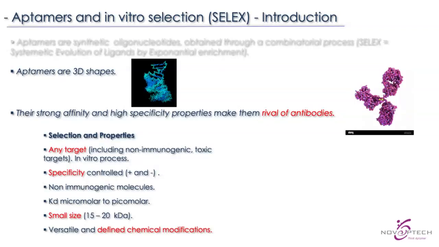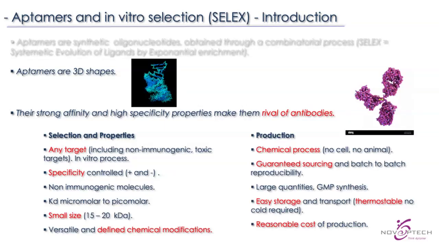So we don't use cells or animals, no live material. And this way we can get ligands that display a binding constant in the micromolar to picomolar range, depending on the size and on the properties of the target molecule.